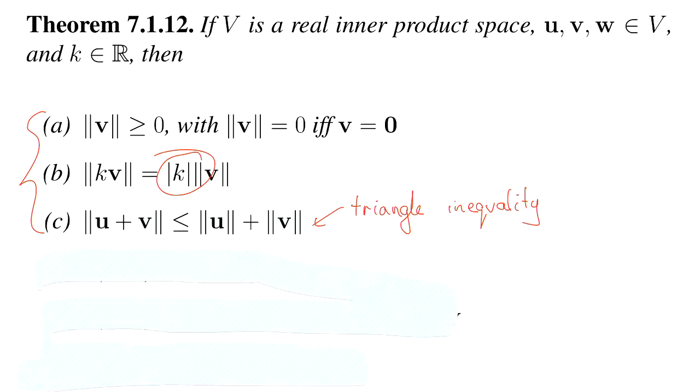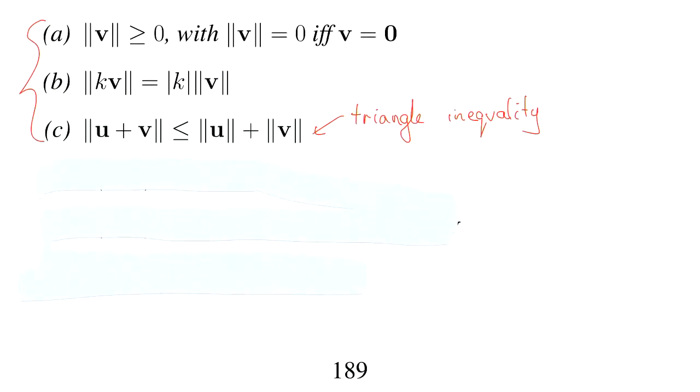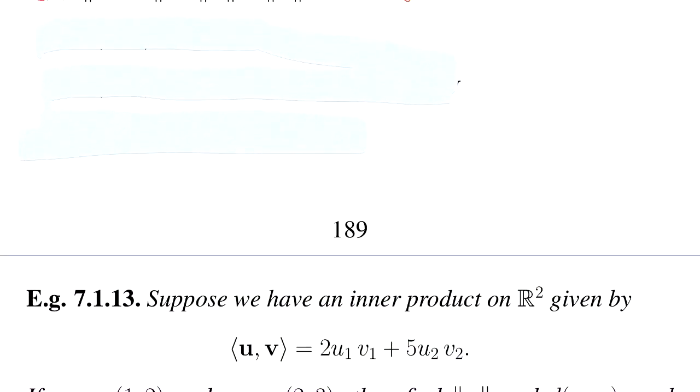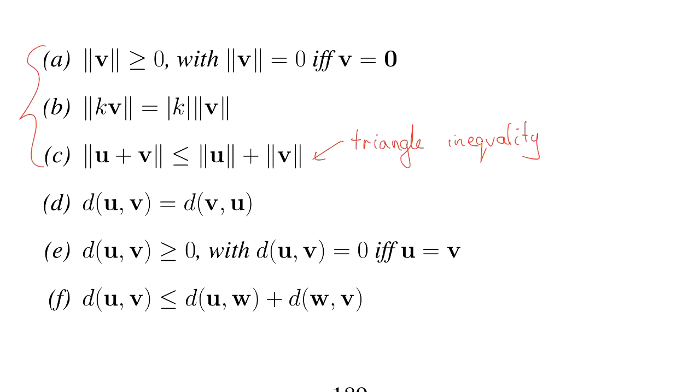And in fact, these three properties are the abstract definition of a norm. So any map from your vector space to the reals that satisfies that collection of properties is a norm. And certainly the square root of the inner product with itself satisfies those.